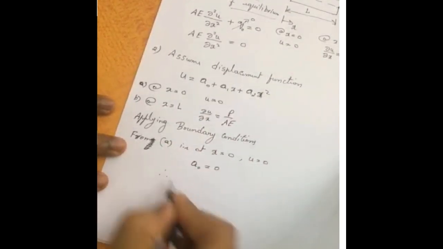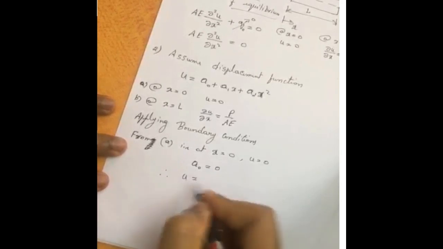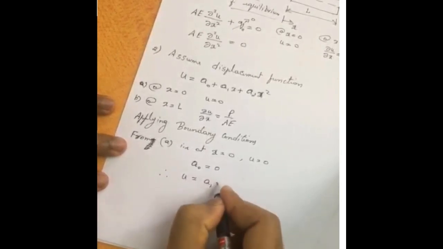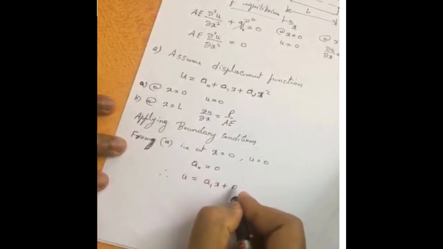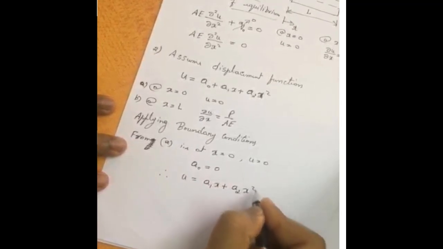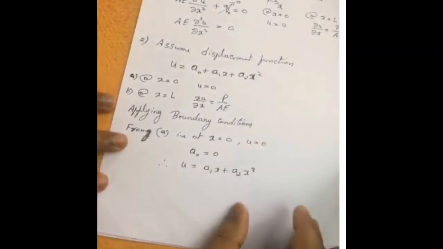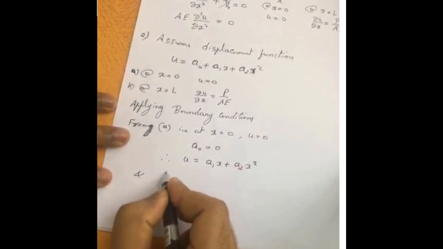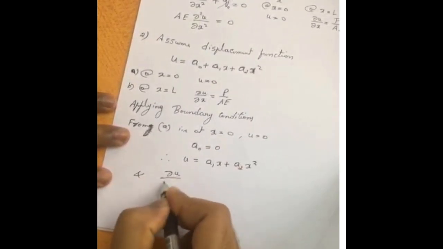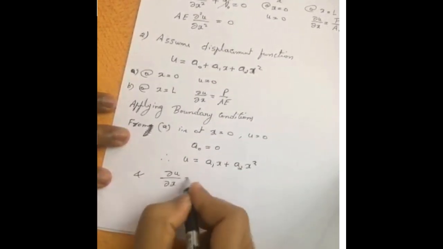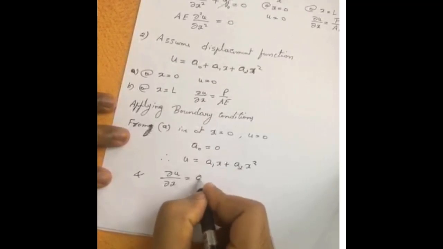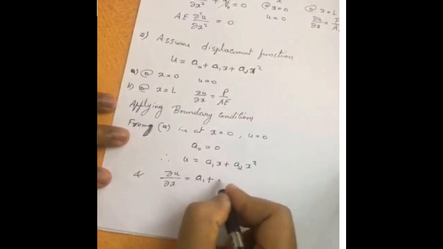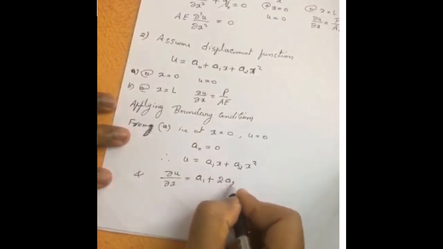So therefore we can write u is equal to a1x plus a2x square. Now if you differentiate, dou u by dou x is a1 plus 2 into a2 into x.